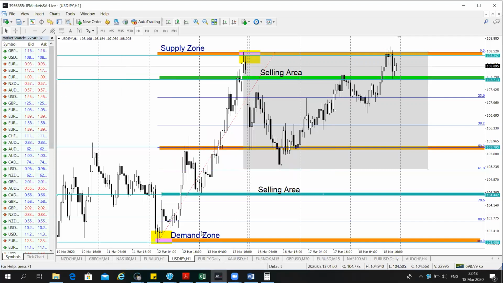This one we will focus on later. So you identify your demand and supply zones, you get to see what they are, and then you get to focus on your raw price movement.